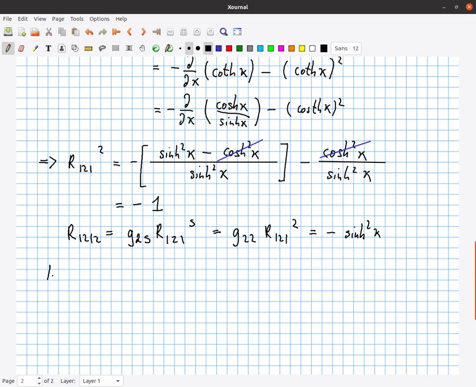Next, as I said, we want to compute the Ricci tensor.